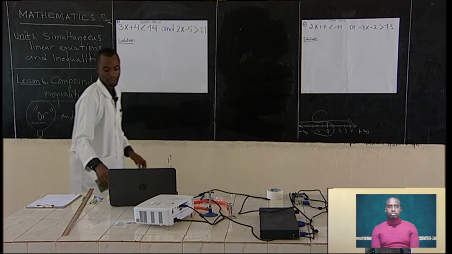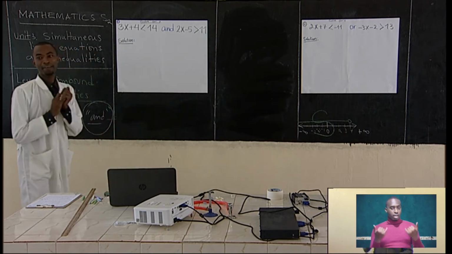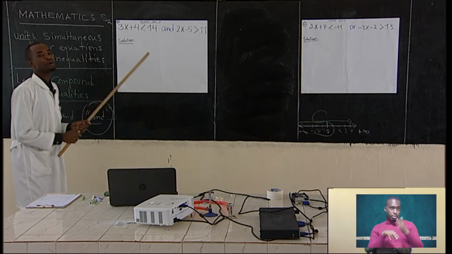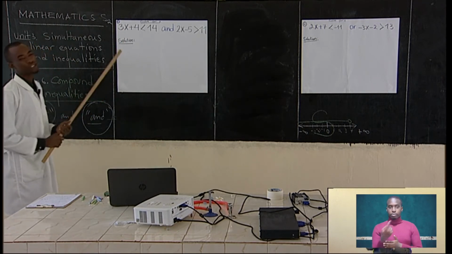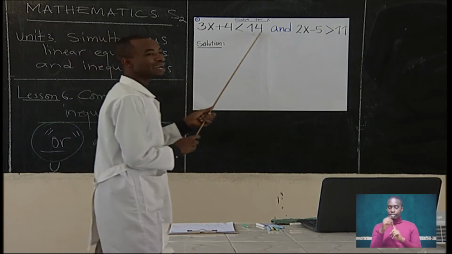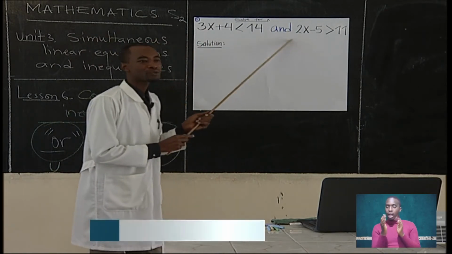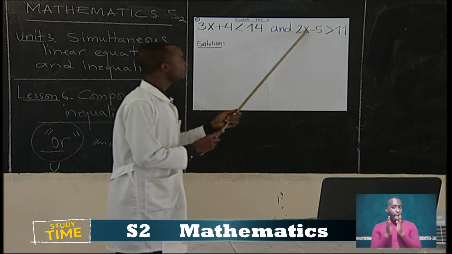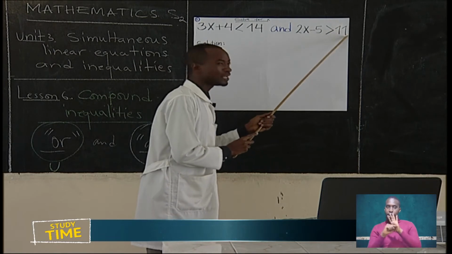Now, as you can see, we have example number 1. I'm going to read it for you, and then we will do it together. We have 3x plus 4 less than 14, and remember this word, and 2x minus 5 greater than 11.